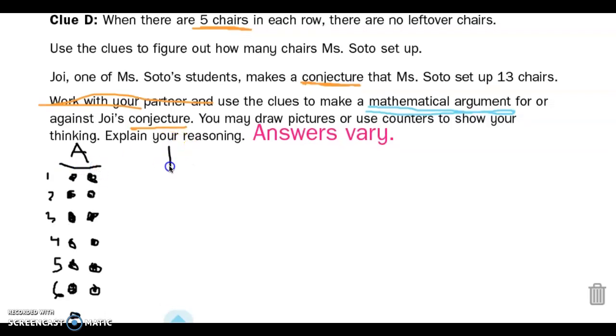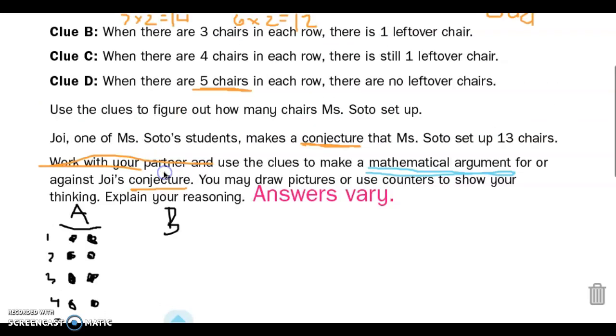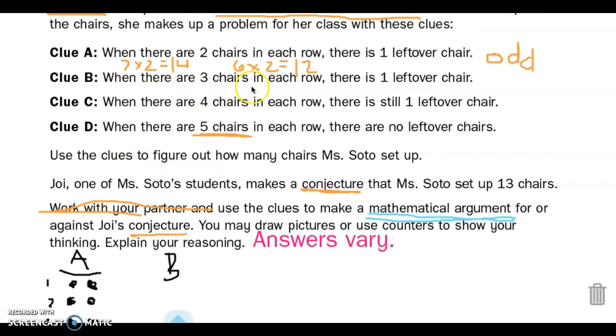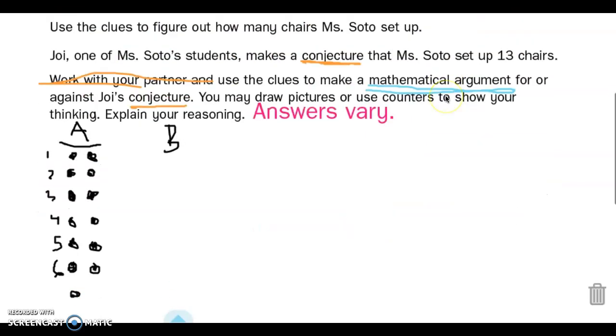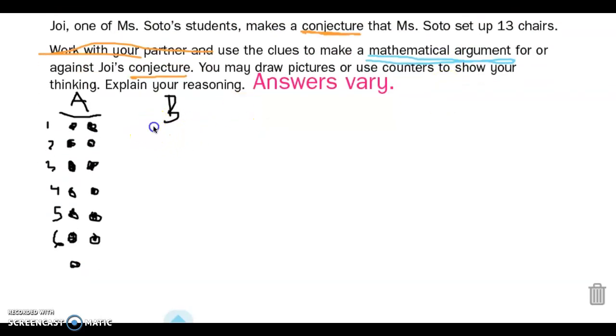Okay, clue B. Let's see, remember it says when there are 3 chairs in each row, there is 1 chair left over. Okay, so here is my first row, and I have rows of 3. So I'm going to keep going with my arrays. 1, 2, 3. And maybe I'm already thinking, I know the fact 4 times 3 equals 12.